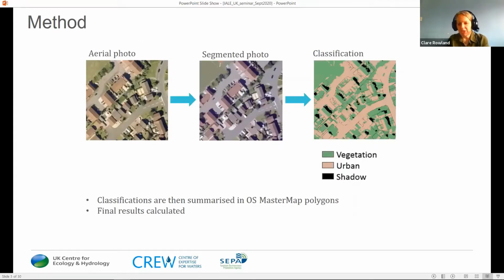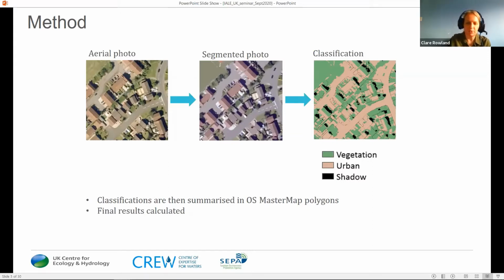I'm not going to go into the method too much because I think it's better to focus on the results for this seminar series, but basically what we did was something called image classification. In image classification, you take either an aerial photo or, with most of the work I do, a satellite image. Then quite often you do some pre-processing.